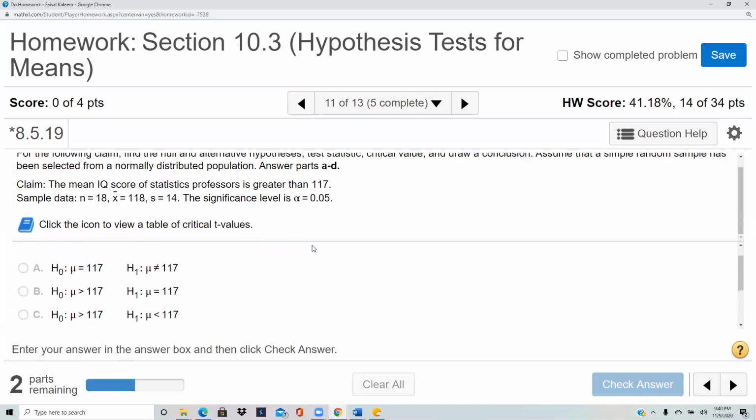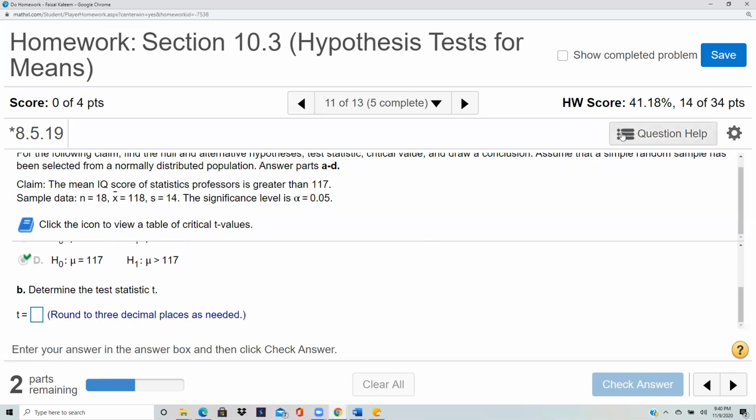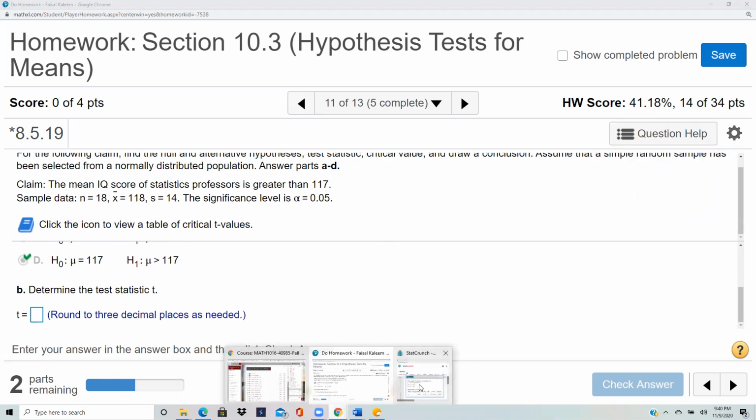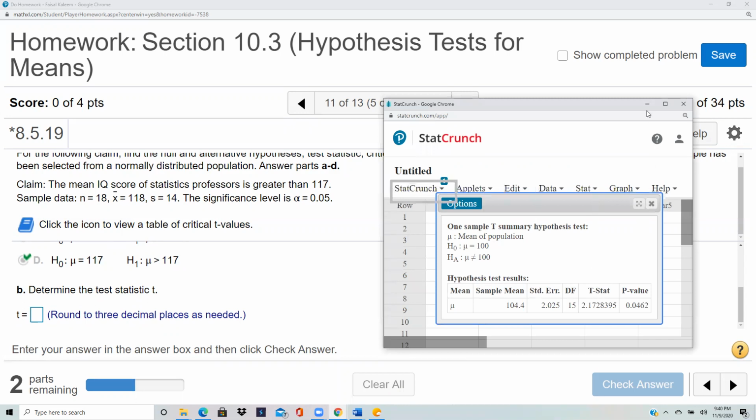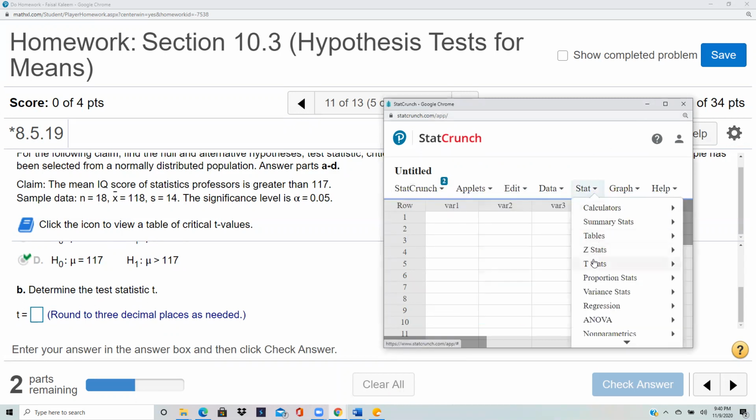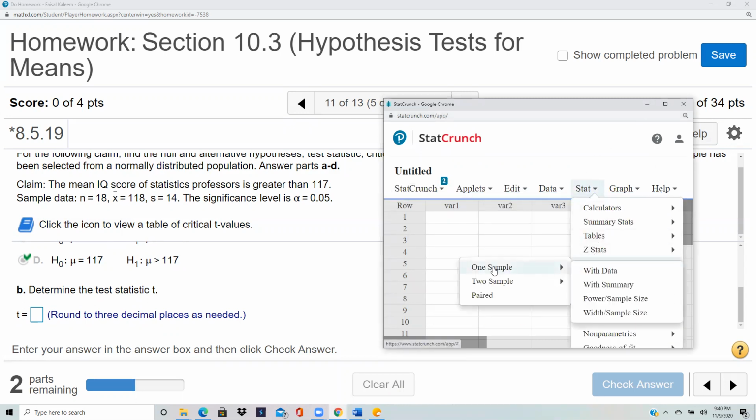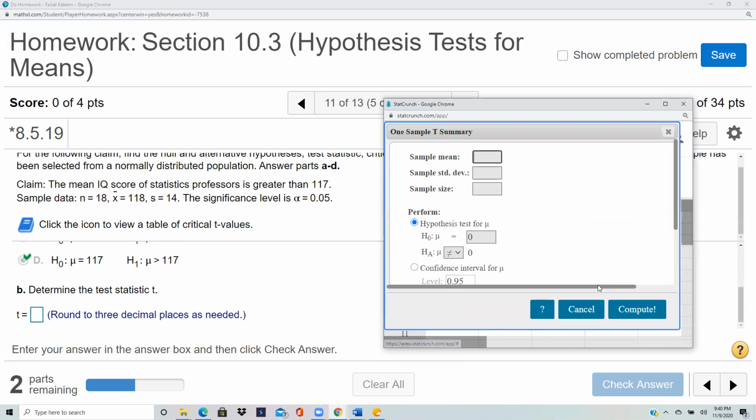Test statistic: since we are testing the means, it's T stats. Stats, T stats, one sample summary. Sample mean is 118.